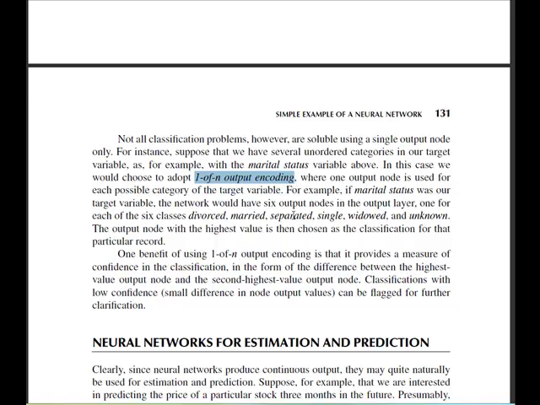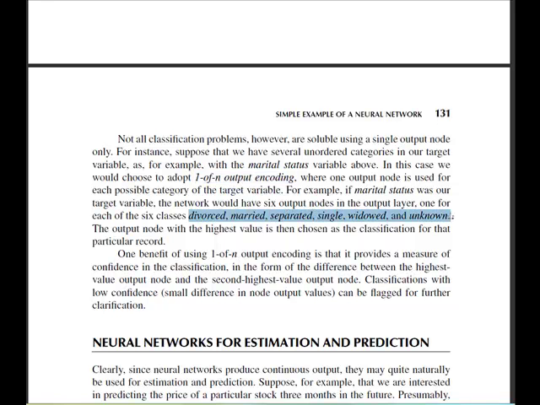This is kind of jumping ahead of ourselves, I guess, but one benefit of using 1 of n output encoding is that it provides a measure of the confidence in the classification, right? Because you assign a value to each possible class, so you assign a value to divorced, married, separated, single, widowed, and unknown.